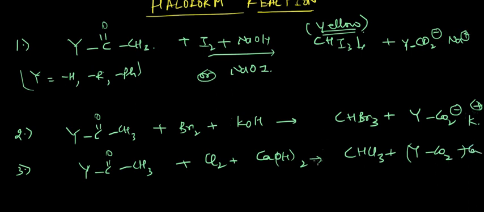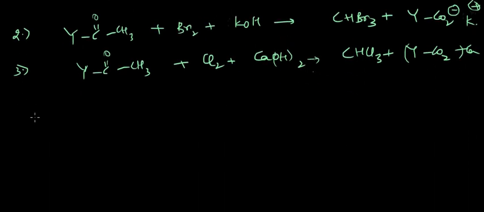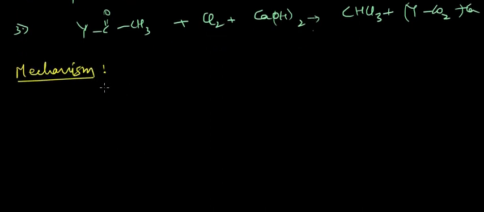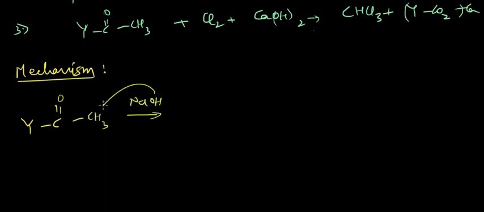Now let us see the mechanism of this reaction. First we have this compound, and we are placing it in NaOH. So what will happen? OH minus will take away this acidic hydrogen, so we'll get something like this.